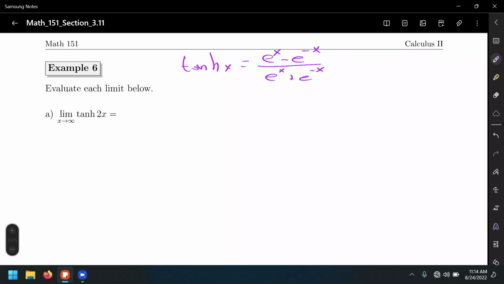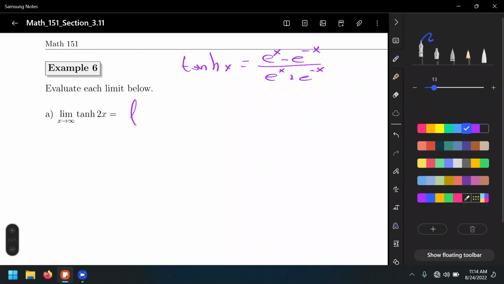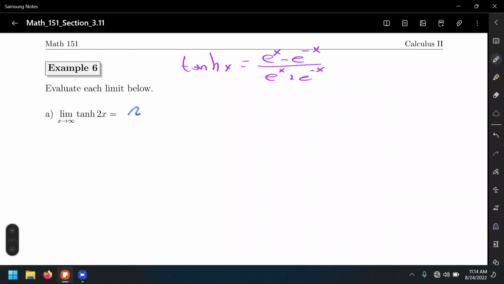So all we do is change this x with a 2x. So that's the limit of e to the 2x minus e to the negative 2x over e to the 2x plus e to the negative 2x, as x approaches infinity. All right?